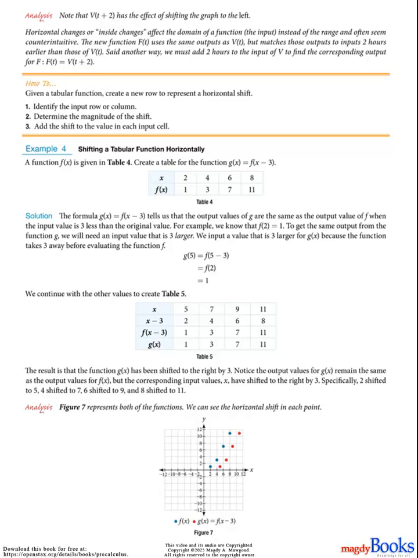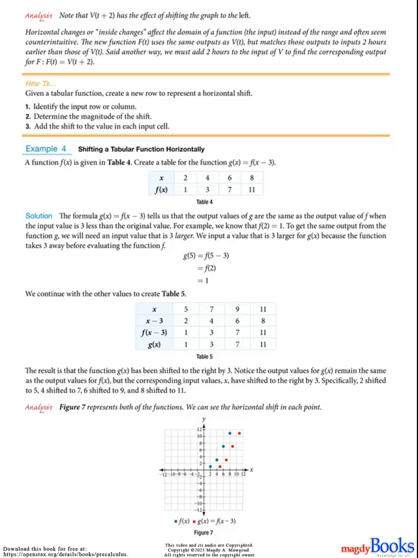Table 5. x, x − 3, f(x − 3), g(x). For x = 5, x − 3 = 2, f(x − 3) is 1, and g(x) is 1.